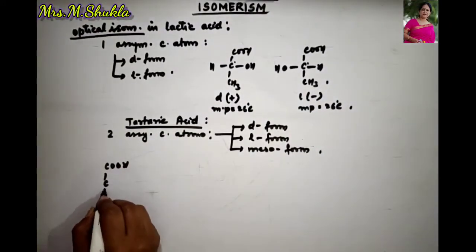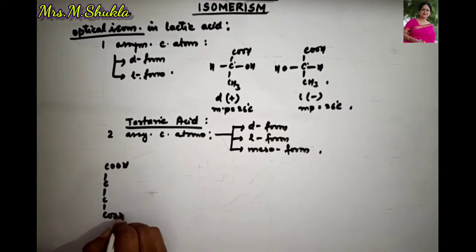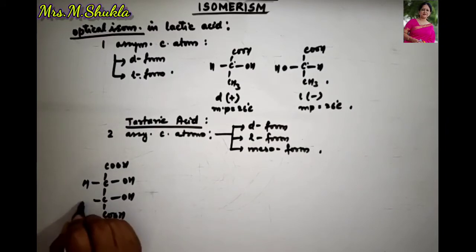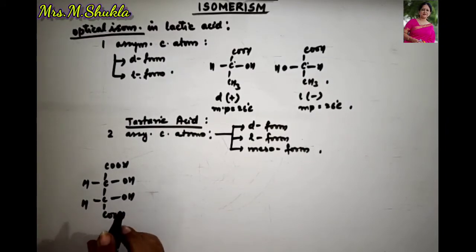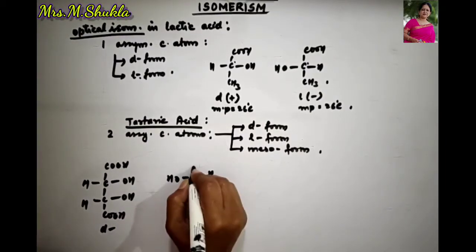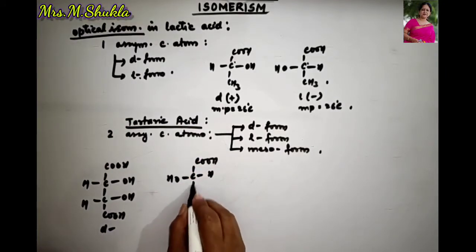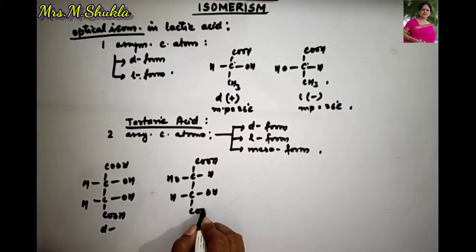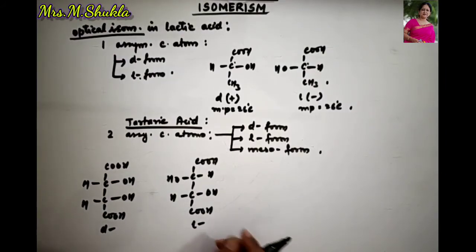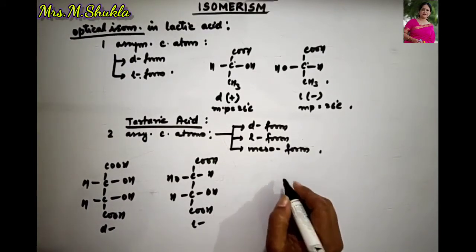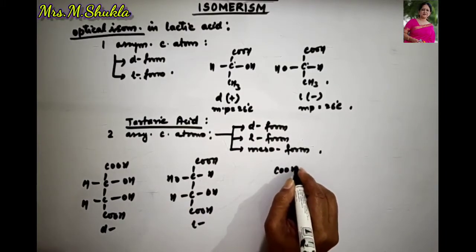COOH, COOH. So here you can see the two asymmetric carbon atoms. So this is your D-tartaric acid, okay, and this is your laevorotatory tartaric acid. Now meso tartaric acid, let's see this one, COOH.